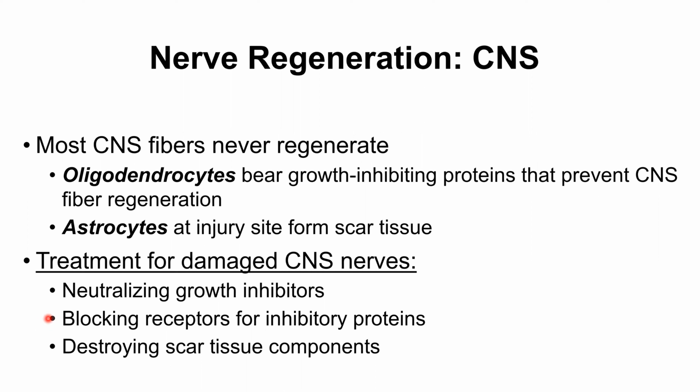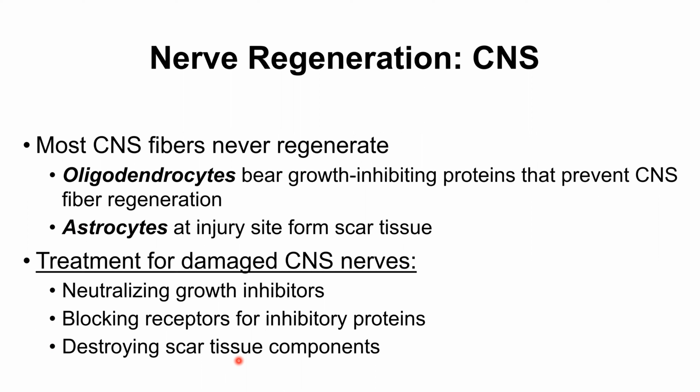And then finally, the other way to potentially treat CNS nerve damage is to destroy the scar tissue components. So remember that astrocytes, if there's an injury, form the scar tissue. So finding a way to destroy that scar tissue is definitely going to, I think, improve the outcome.